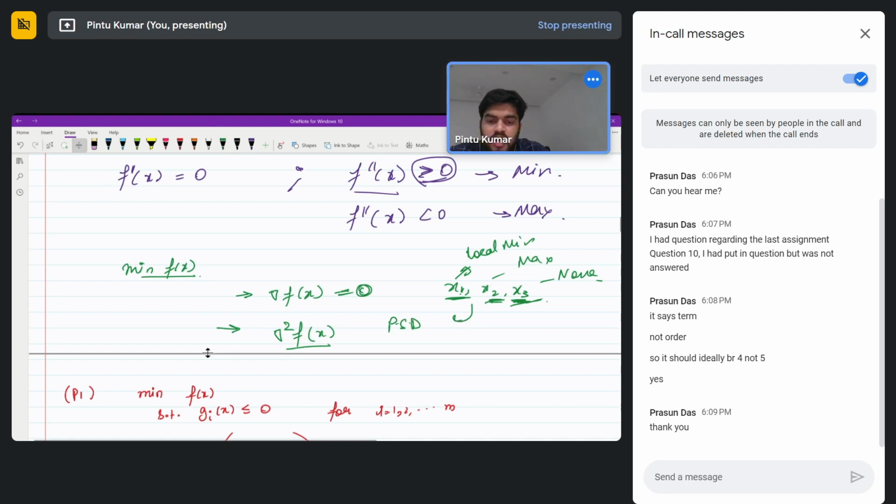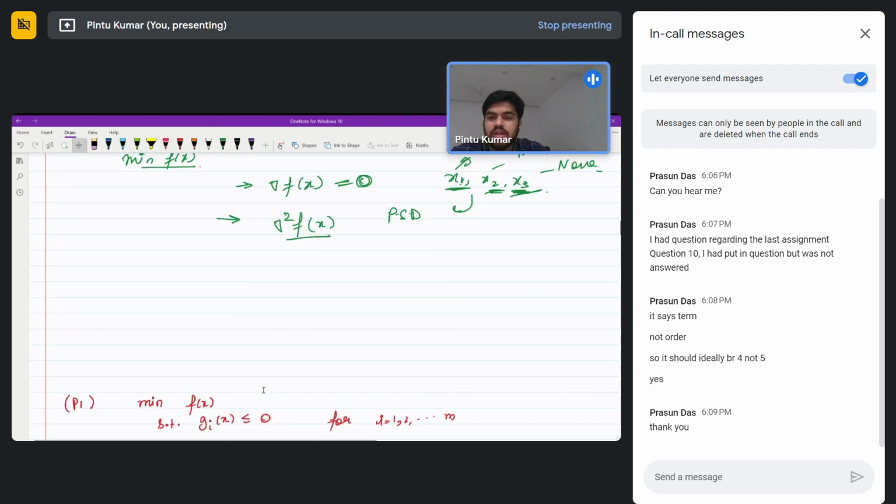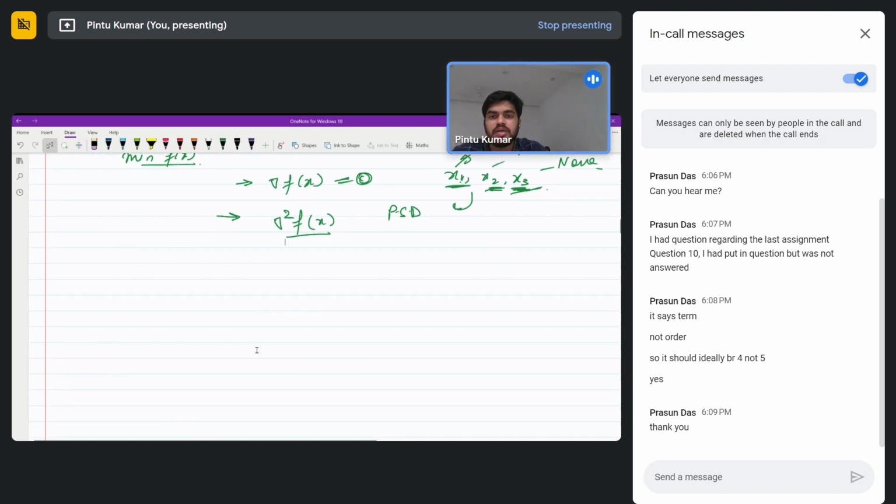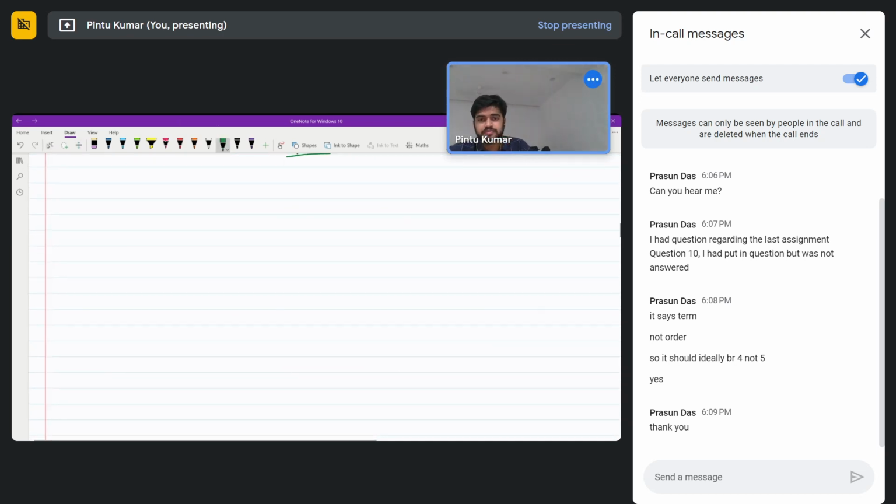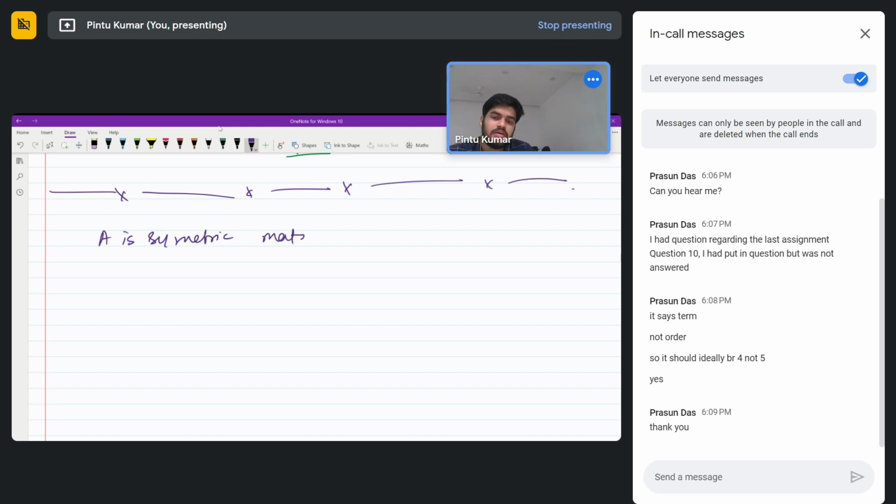One more thing that I want to include here. Last time I think I messed up something that I want to correct. This is a sort of detour which I mentioned incorrectly last time. Let's say A is a symmetric matrix, say 1, 2, 3, 3, 2, 4, 5, 5.